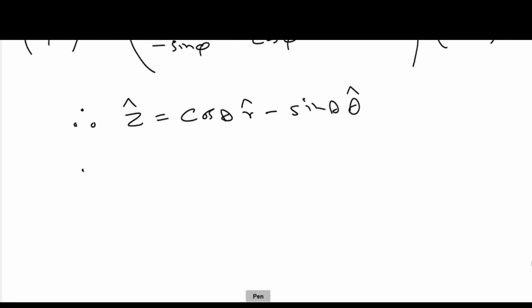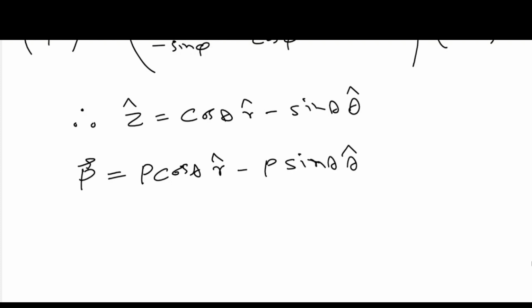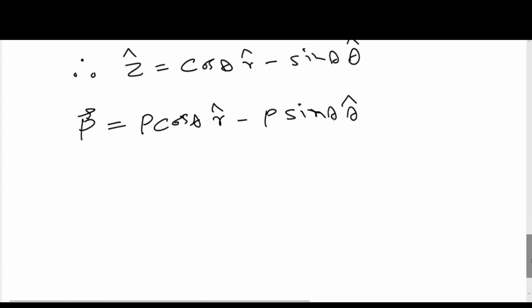Therefore, p can be expressed as p cos theta r cap minus p sin theta theta cap. From this now, it's very easy to see the equivalence between those two expressions.